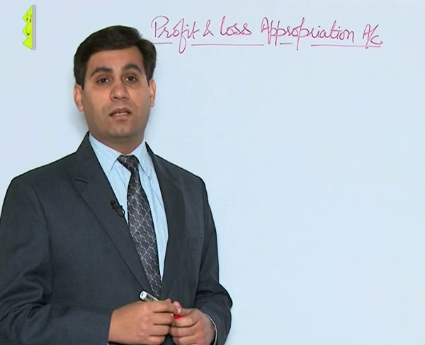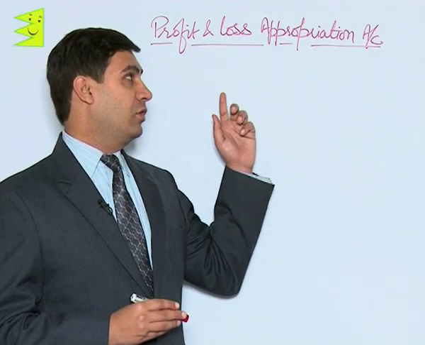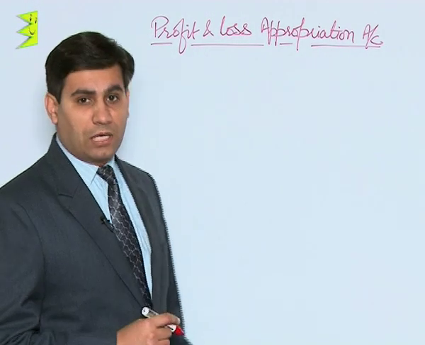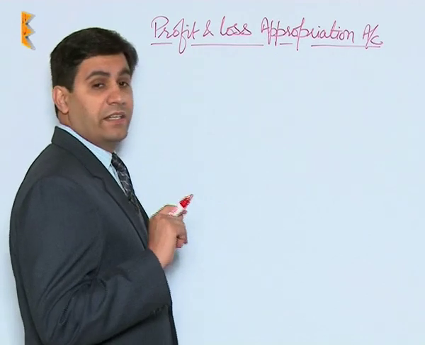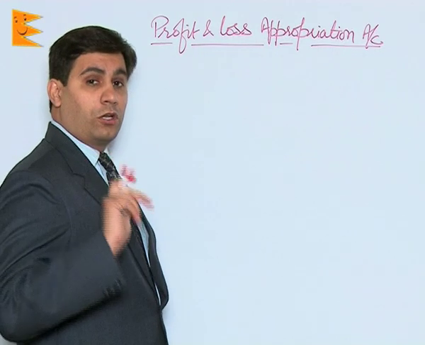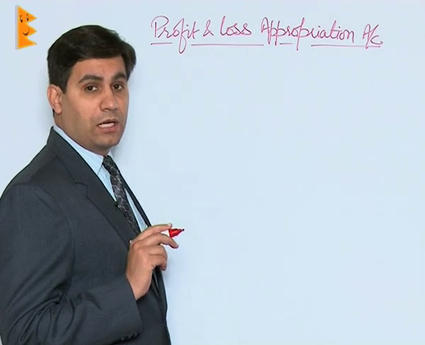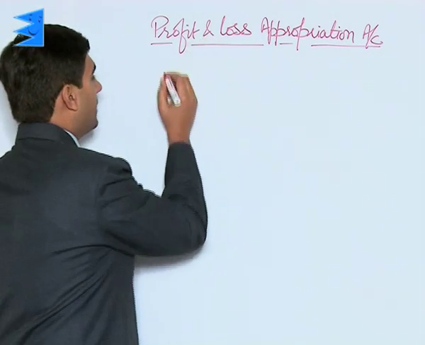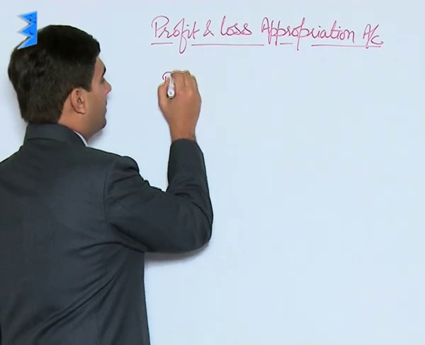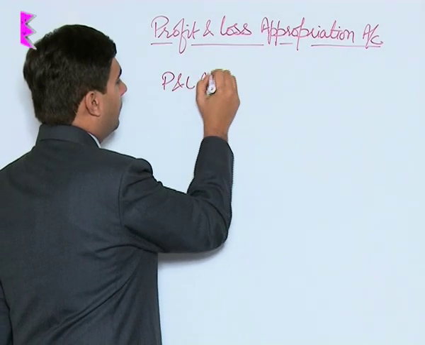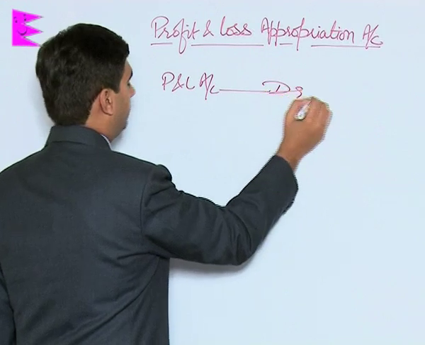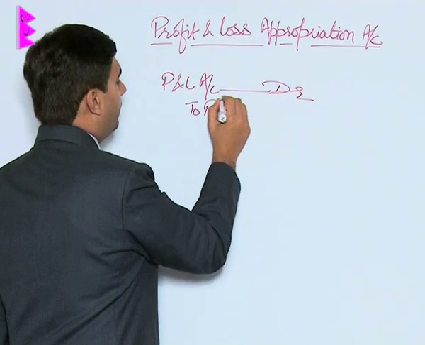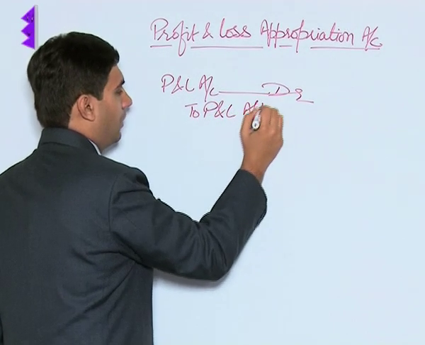So what are the basic journal entries for preparation of P&L appropriation account? The first entry is transfer of profit or loss to the P&L appropriation account from profit and loss account. So in case profit is there, it is transferred as profit and loss account debited to P&L appropriation account.